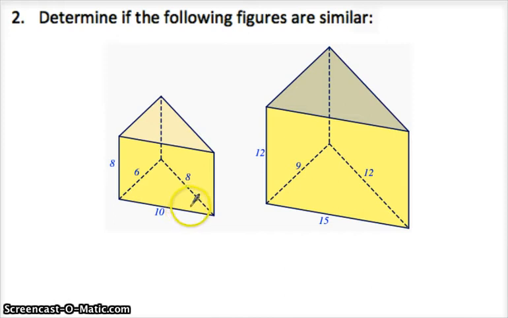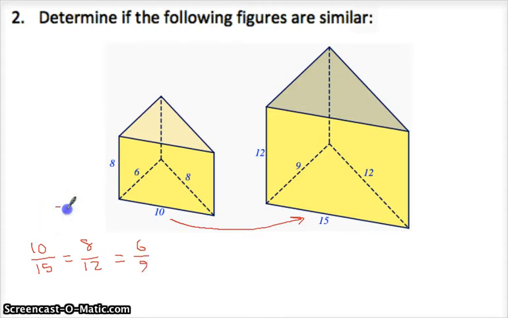Well, if they're similar, all the lengths are going to have to be proportional. So when we multiply 10 by something, it's going to have to be the same thing to get 15. It's the same thing we have to multiply 8 by to get 12, and 6 to get 9. So all these fractions are going to have to be equal. 10 has to go with 15, like 8 has to go with 12, and how 6 goes with 9.